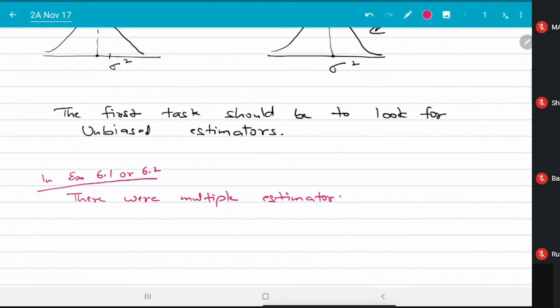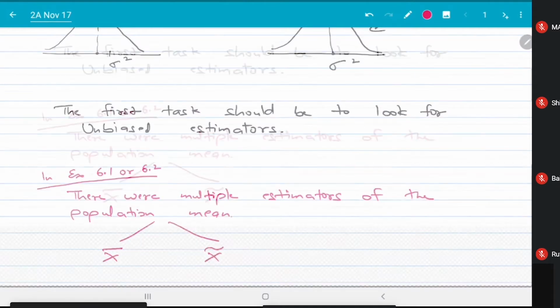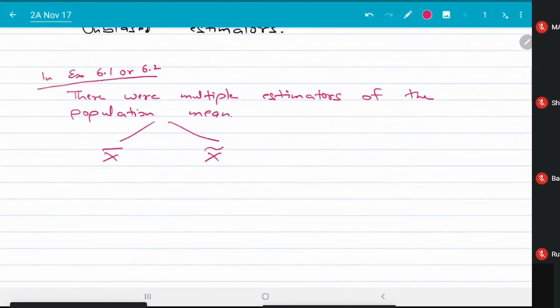There were multiple estimators of the population mean. I'm taking these two here, although we had 4 listed there. So X bar is the sample mean, X tilde is the sample median. Both are unbiased.